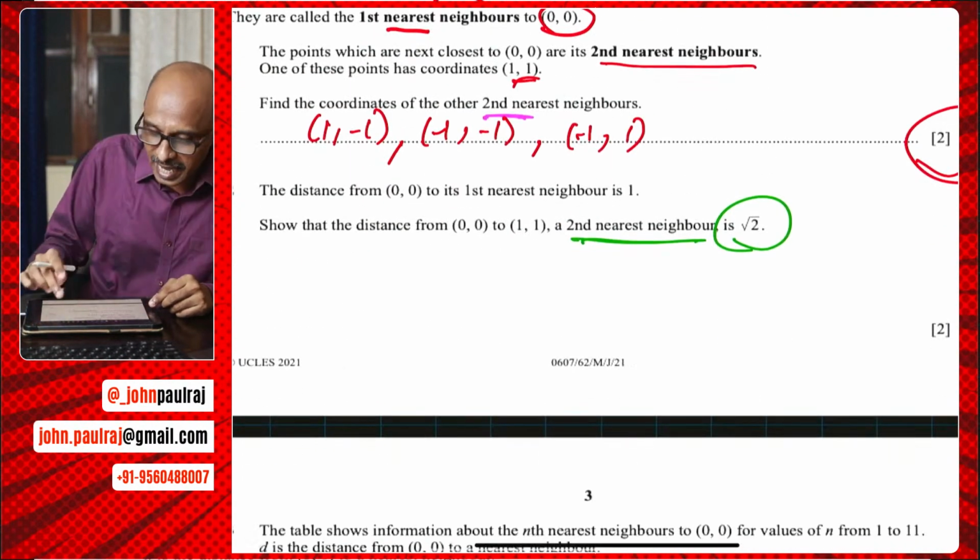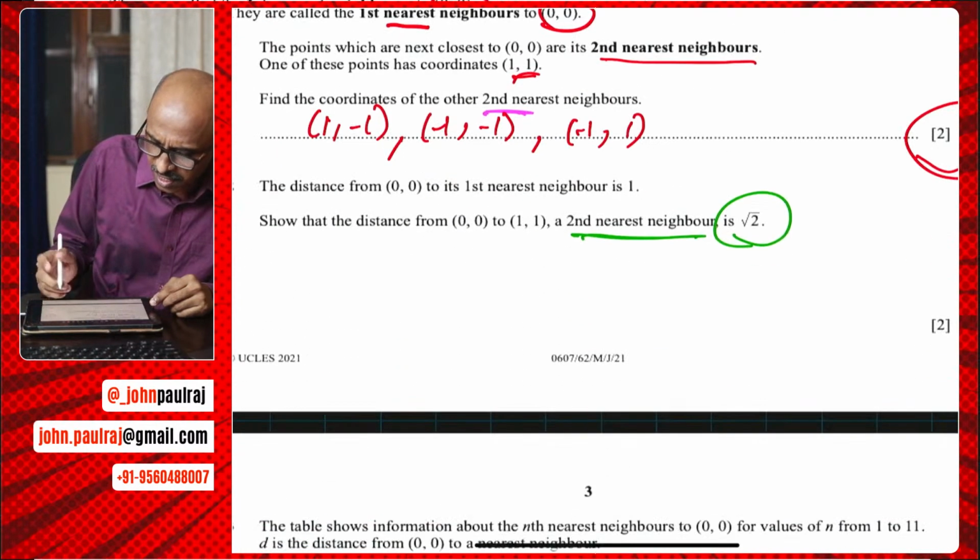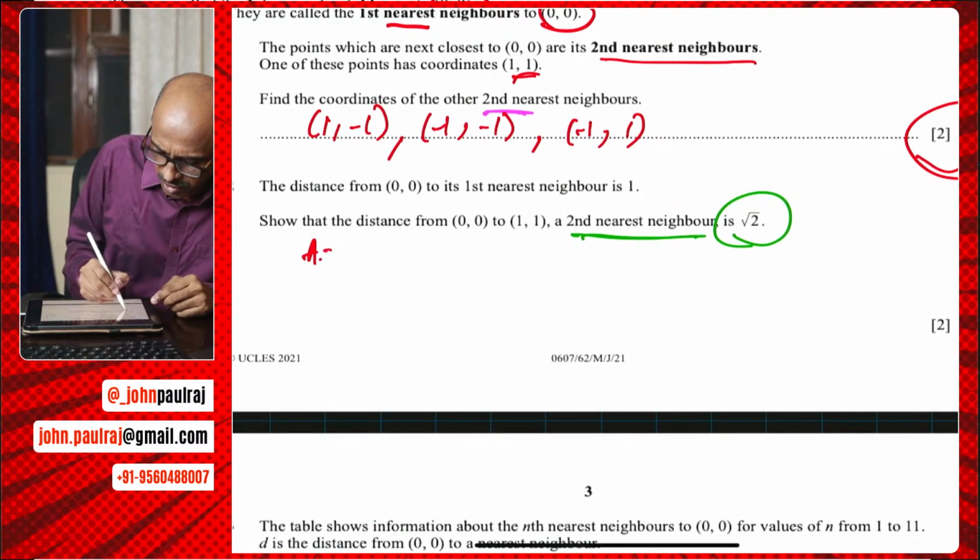Maybe what you can do is label it as a triangle. You can label it as A, B, and C, and say that A has the coordinates 1, 1.